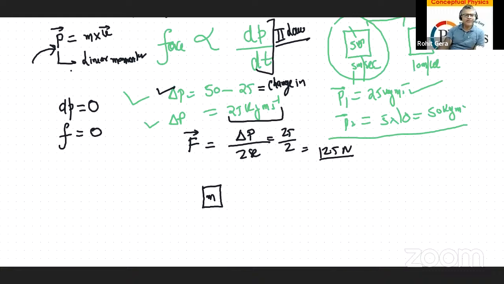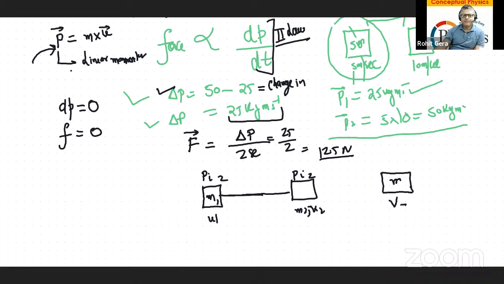How so? There is a body with m1 v1, and there is another body which is m2 v2. The initial momentum of both is known. Now this body is moving and it collides with this body. After the collision, this is the way it looks like. The first mass now has the velocity v3 and the second mass has a velocity v4, right?